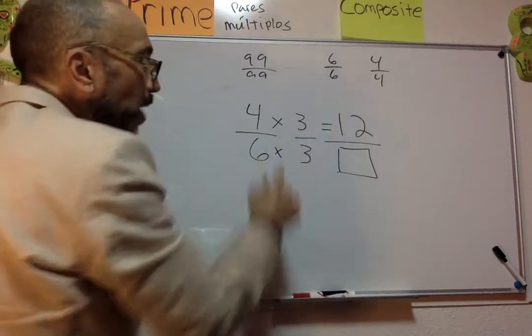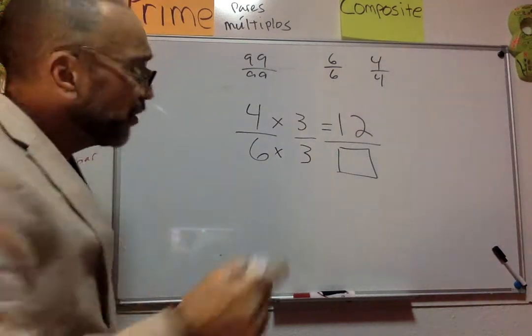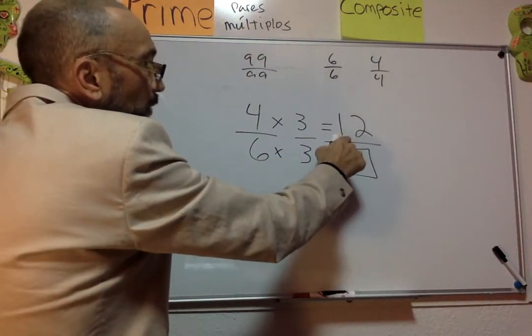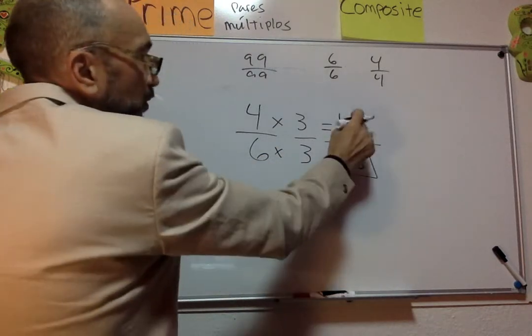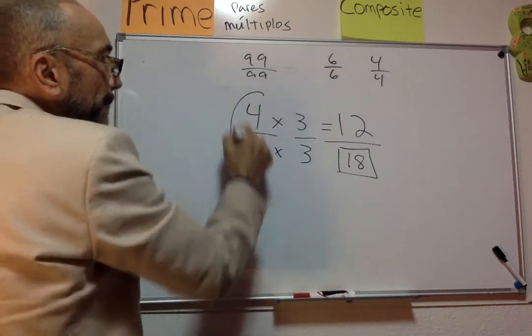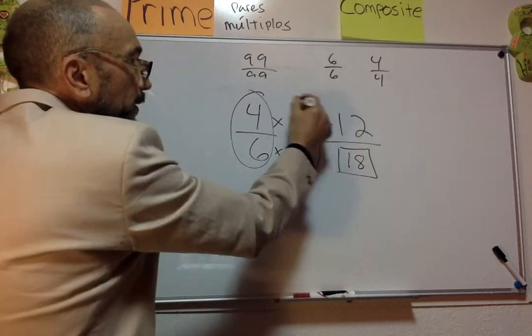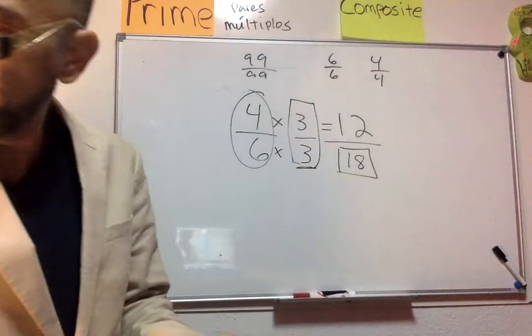This is 1. That's why we're getting equivalent. Isn't that crazy? The only number you can put is 3, because it's got to equal 12. Now, 6 times 3 is 18. 12/18 is the same as 4/6 because we multiplied it by 1. Crazy, huh? That's how you find equivalent fractions.